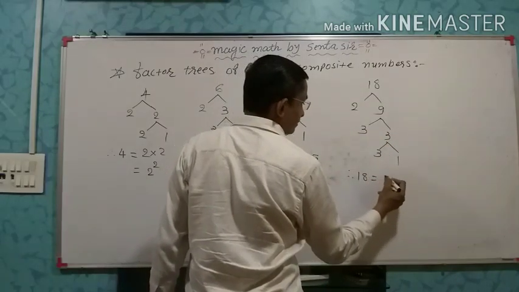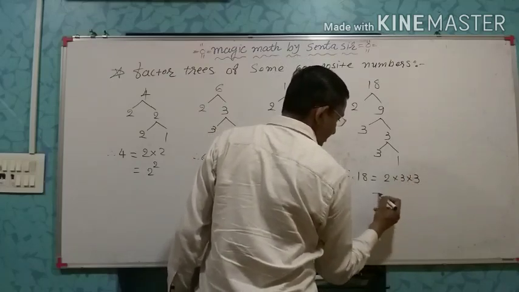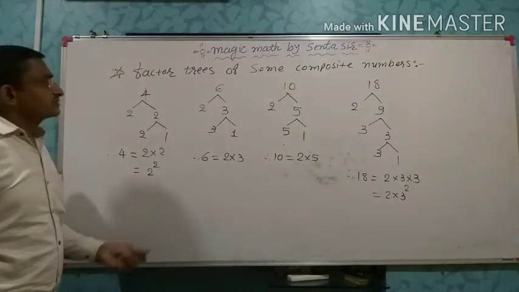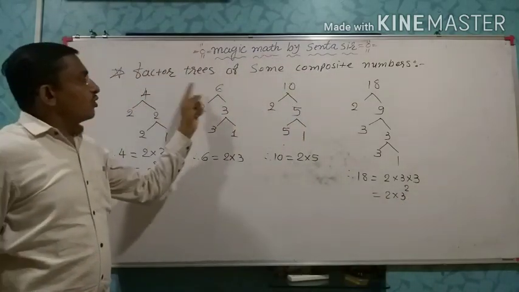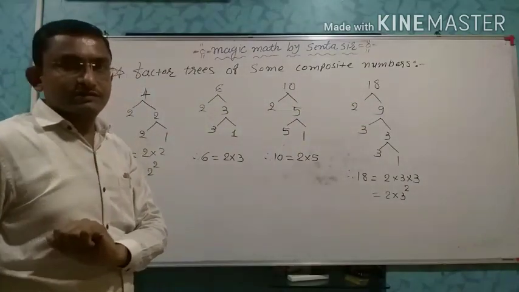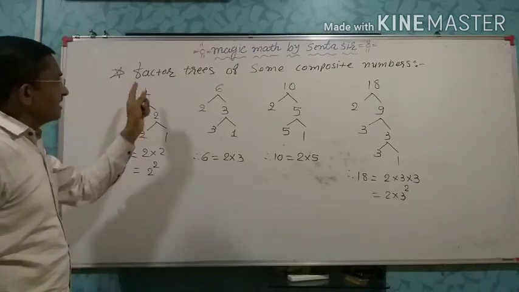Therefore, 18 is equal to 2 into 3 into 3. It means 2 into 3 square. Friends, here 4, 6, 10, 18 all are composite numbers. We take prime factorization by factor tree.